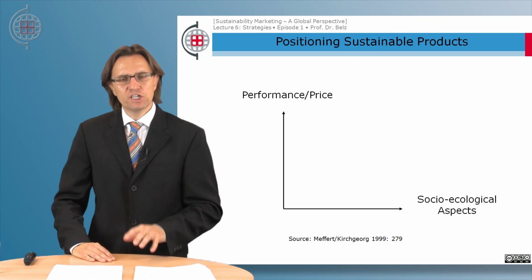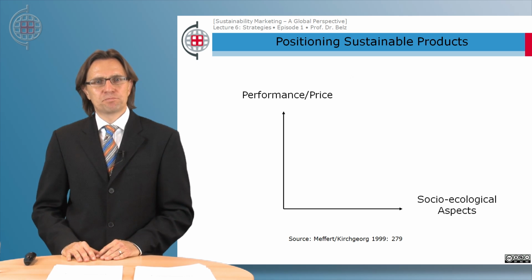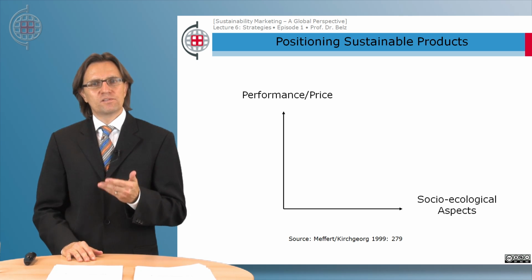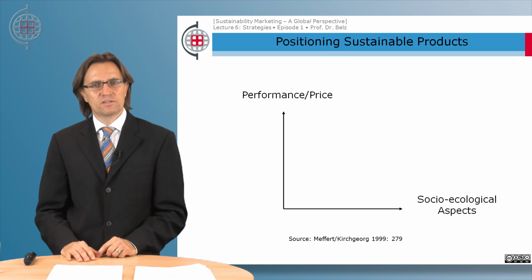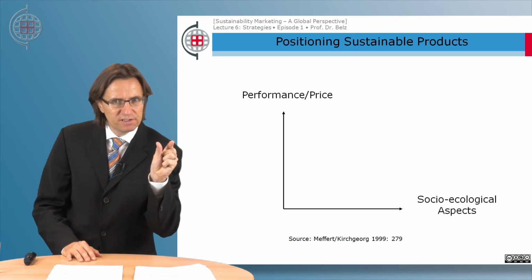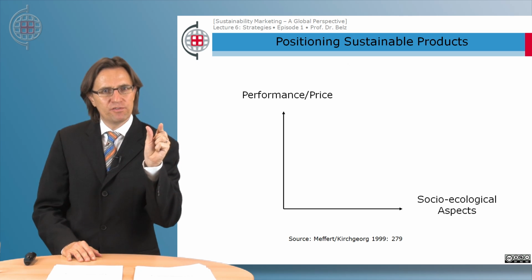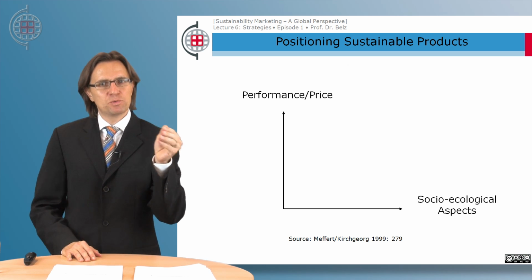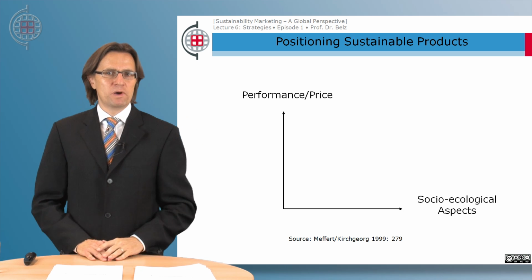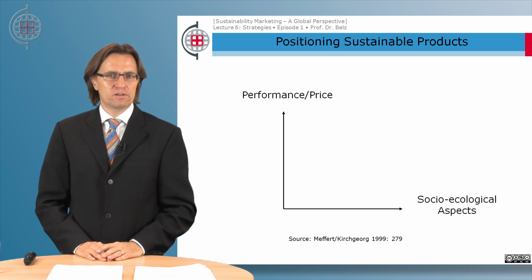The first generation of sustainable products and services in the 1990s and the 1980s stressed social and ecological aspects. They targeted a rather micro niche, a very small niche of alternatives who were willing to pay a higher price and who were willing to sacrifice performance of a product.